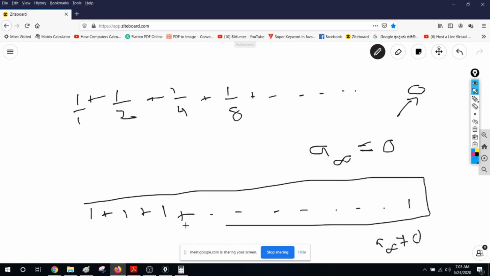If the infinite term is 0, the series can be convergent or divergent. It doesn't eliminate the possibility of this becoming divergent, but then it can be convergent or divergent. But if it is not 0, definitely it is divergent. That is why we call it the divergence test, not a convergence test.